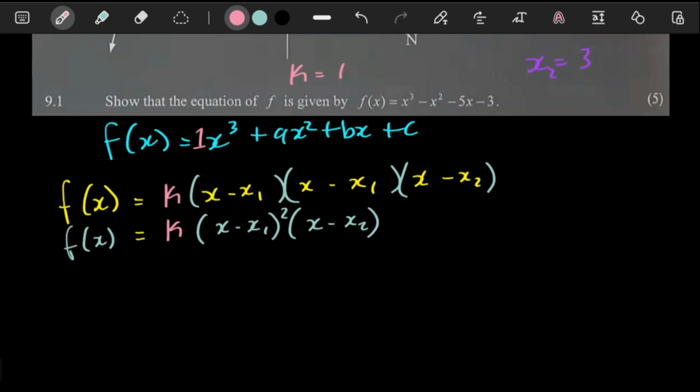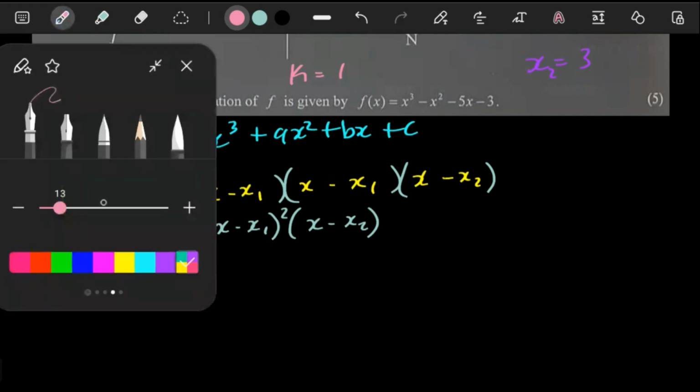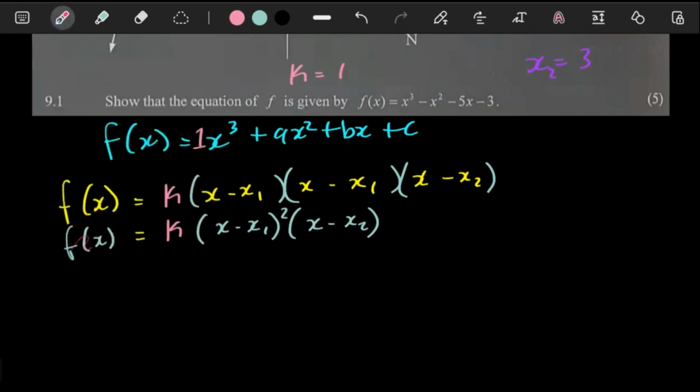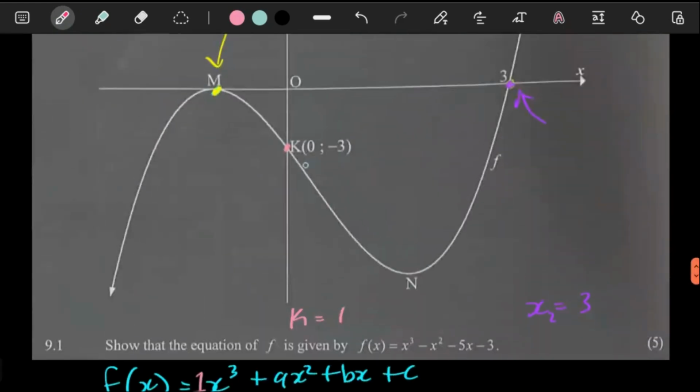To do that, fortunately, we have k, fine, we have x2, fine, and we need a coordinate that the graph passes through so that we can at least get x1. Fortunately we have that coordinate. It is k, you see, x value, y value.